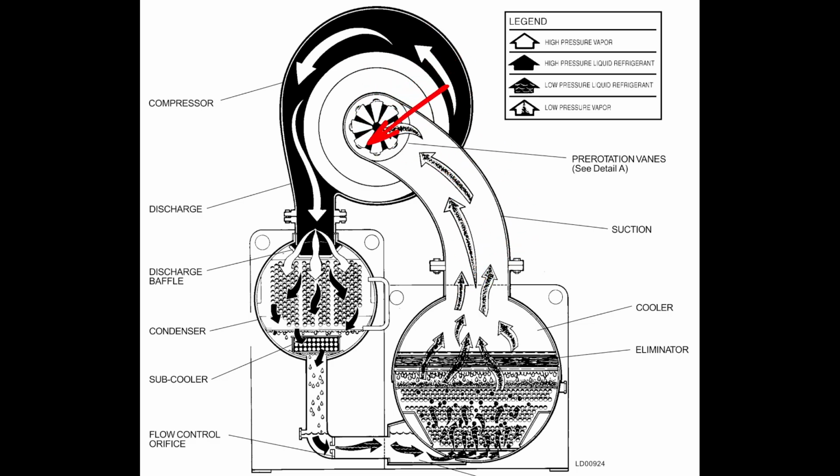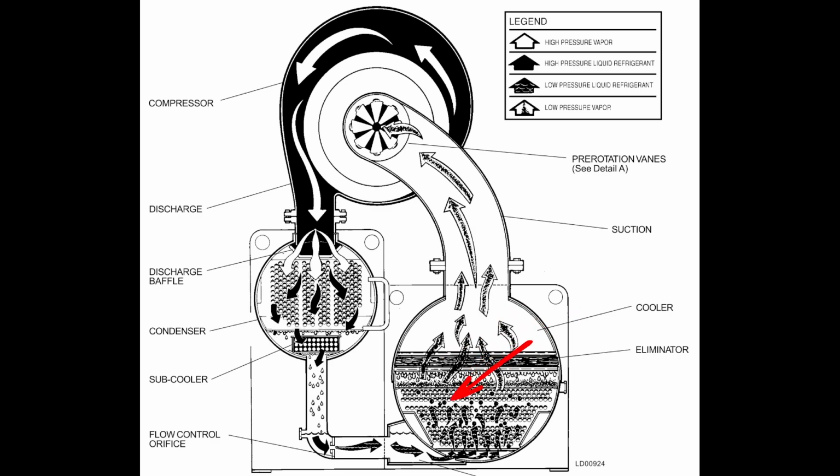Because any of our compressors, whether it be a centrifugal or a screw, whatever chiller is using this, none of them handle liquid refrigerant into the compressor very well at all. And we want to minimize that as much as possible. So you'll have these screens in here to help ensure that that doesn't happen.